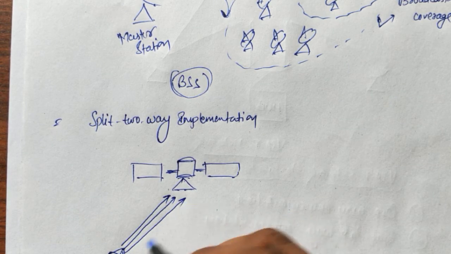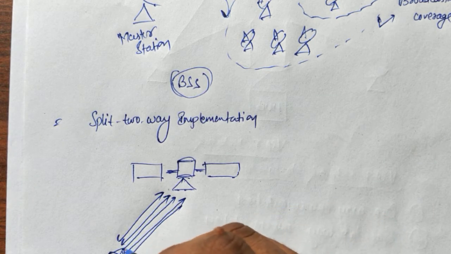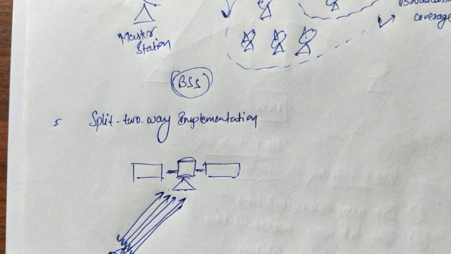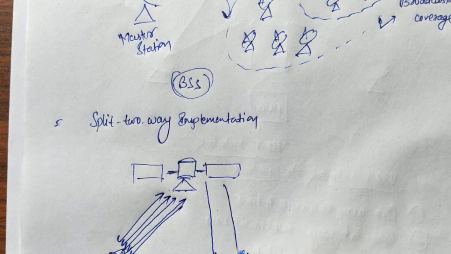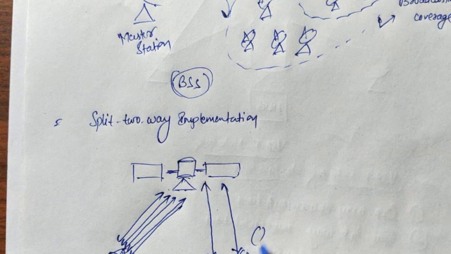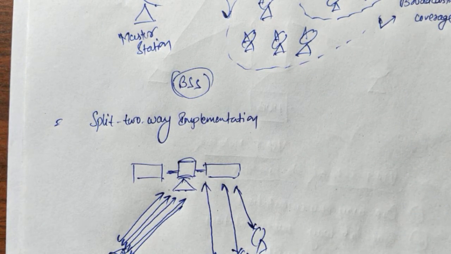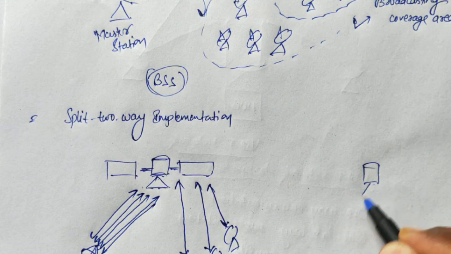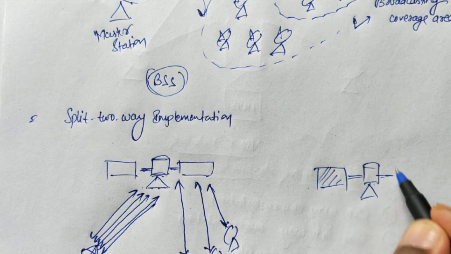These are the signals which are transmitted or received back, and these are the individual terminals. This is figure A, and here it is figure B.